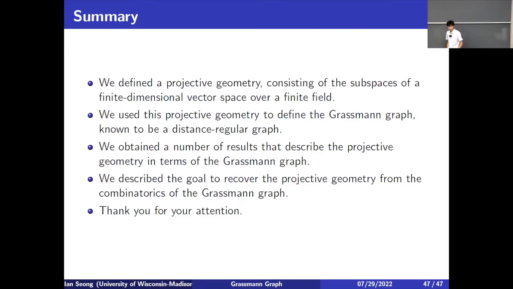Ian is presently working on a paper about that. Once we've completed that stage, we'll try to use it to recover, starting with a distance regular graph with the same intersection numbers as the Grassmann graph, the projective geometry, and thereby show that the graph is isomorphic to the Grassmann graph. That's looking into the future. So I think it's a very promising approach.